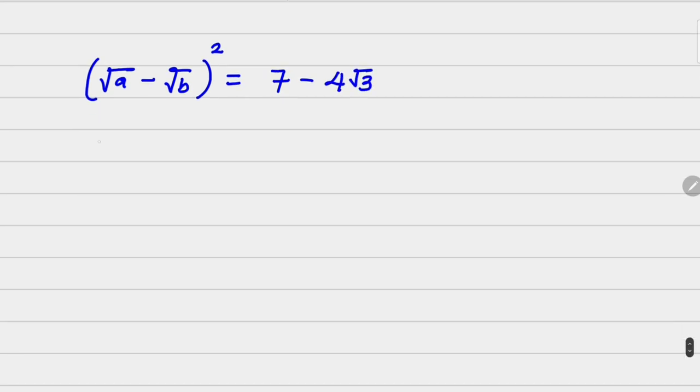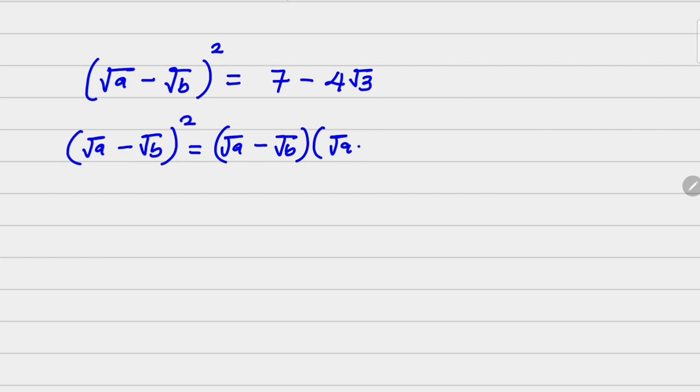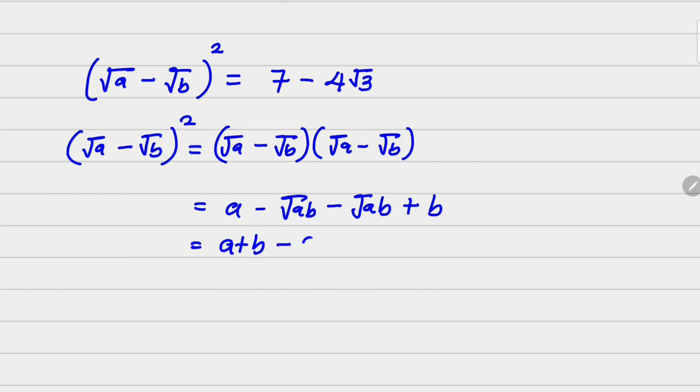Now, expanding this, I'm going to have root of a minus root of b all squared, which is the same thing as root of a minus root of b times root of a minus root of b, which by the time you do, you are going to have a minus root of ab minus root of ab, then plus b, which I can group as a plus b minus 2 root of ab.